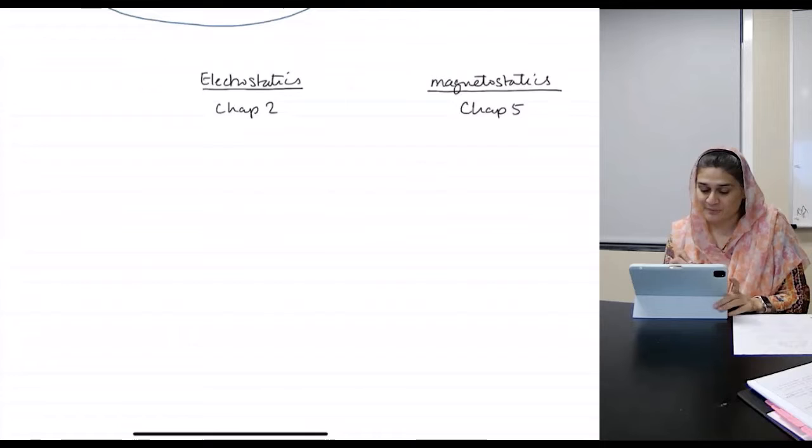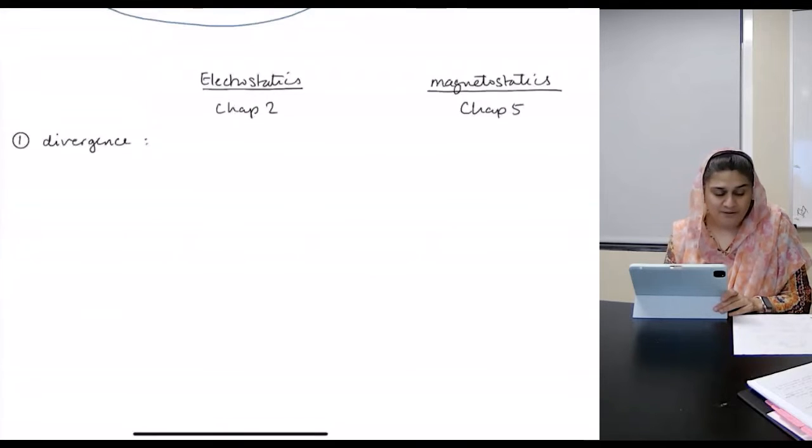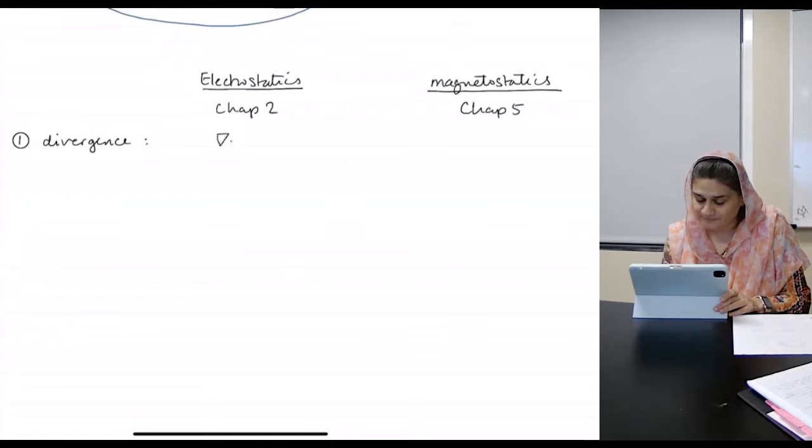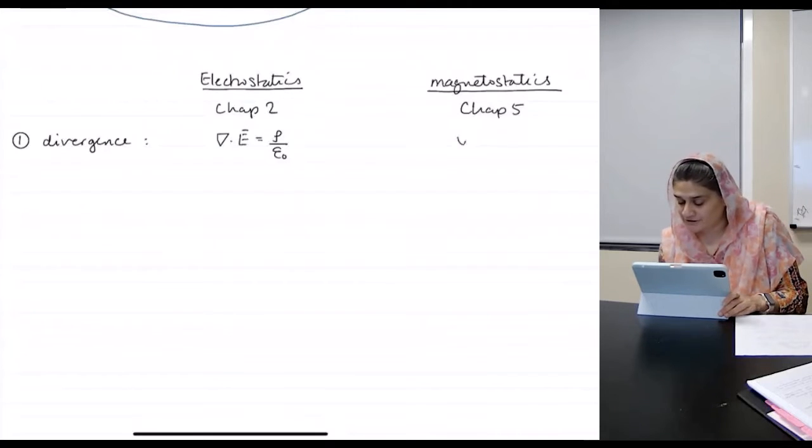Okay, so the first things we know. Number 1, divergence. What do we know about divergence?